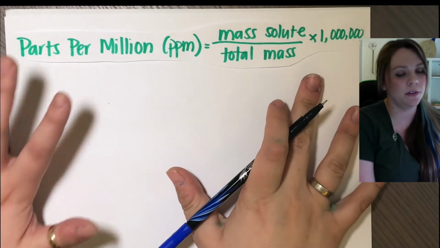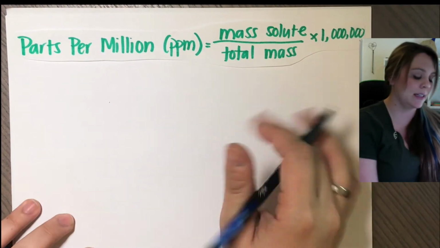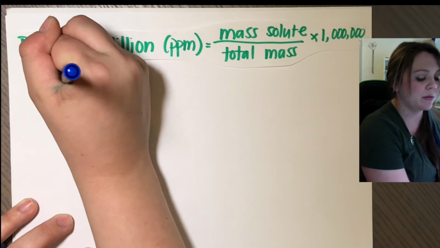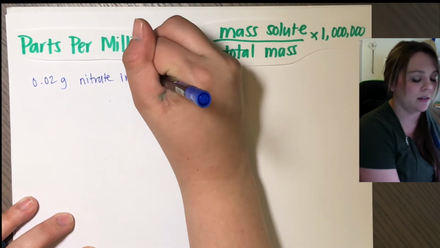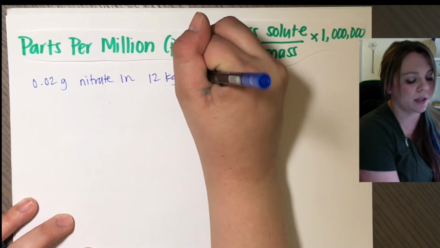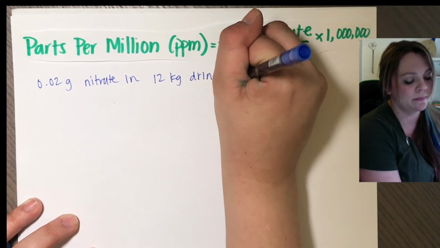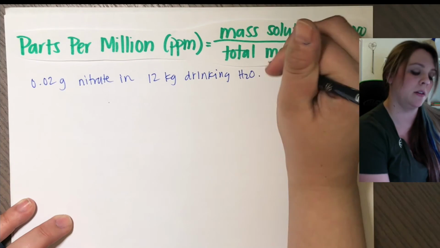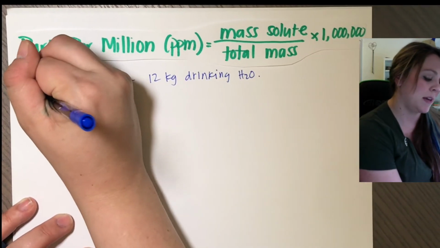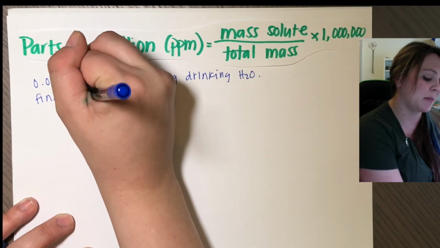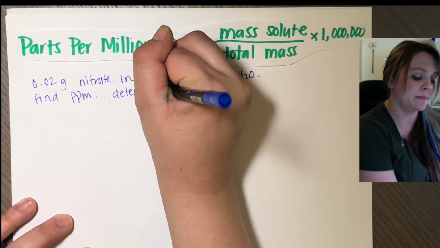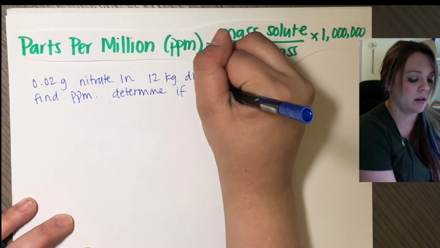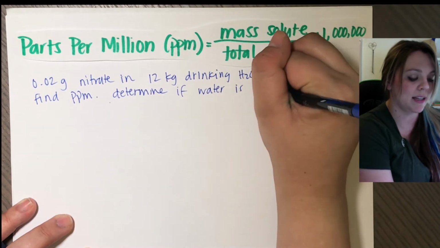So if you were given a question like you found 0.02 grams of nitrate in 12 kilograms of drinking water, you could be asked to find the parts per million, and you could be asked to determine if the water is safe to drink.